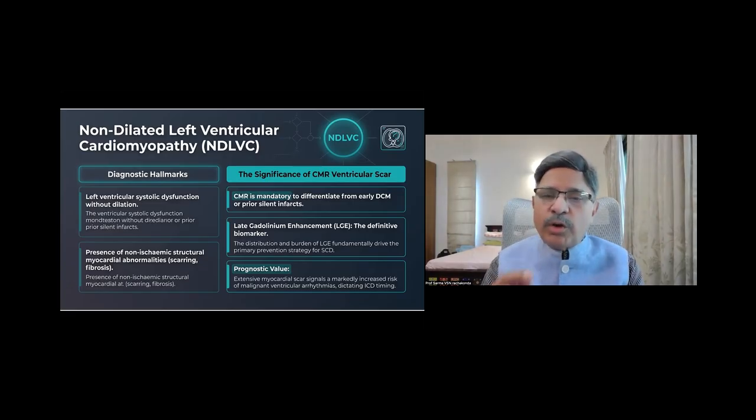So, if you want to prevent sudden cardiac death in NDLVC, you must do CMR and LGE and identify that there is scarring and fibrosis, and these are prone to arrhythmias. Extensive myocardial scar signals a markedly increased risk for ventricular tachyarrhythmias, particularly ventricular tachycardia, dictating ICD timing.